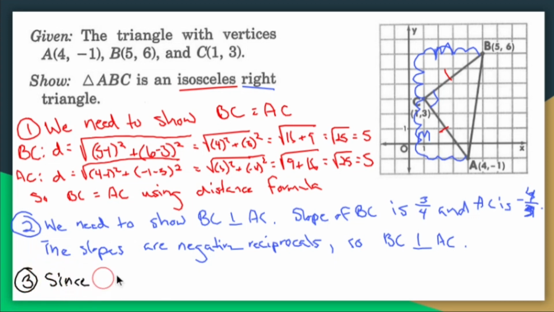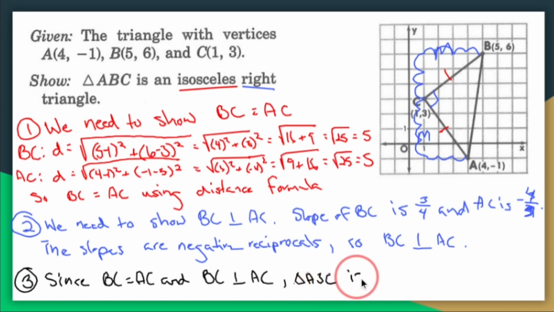Since BC is equal to AC and what was the other thing? BC is perpendicular to AC. Triangle ABC is an isosceles right triangle.